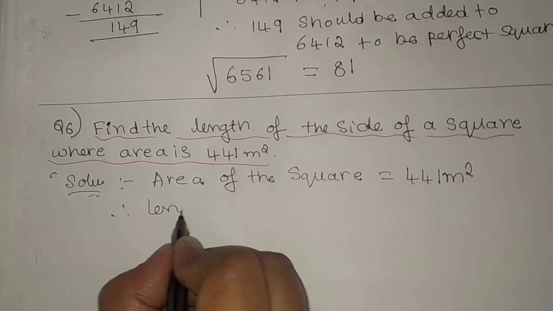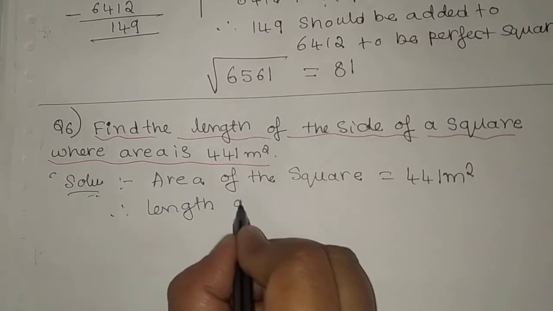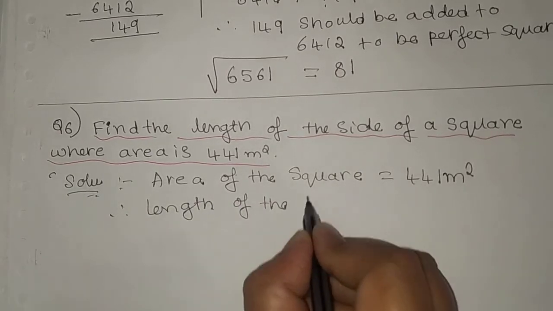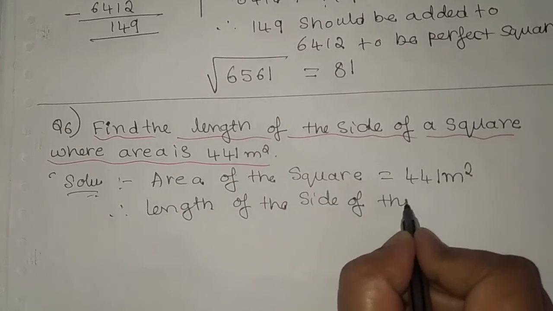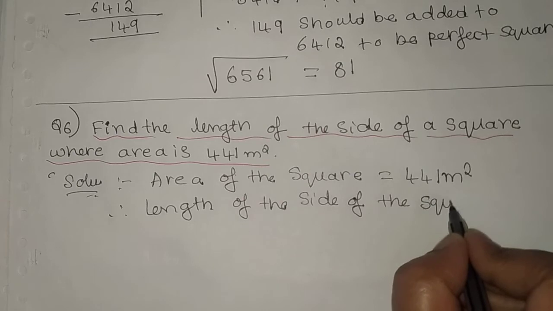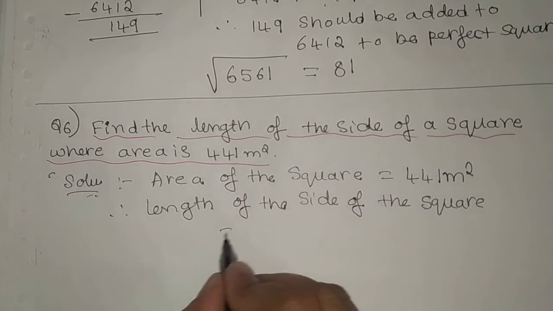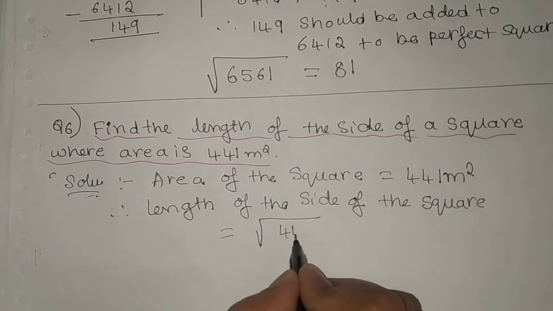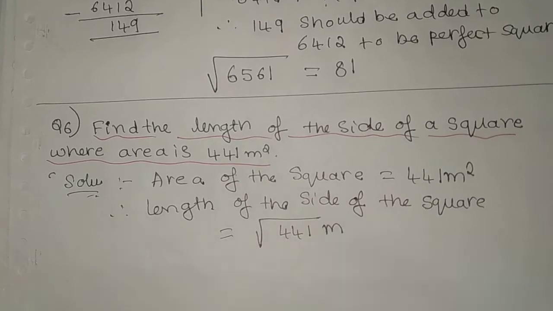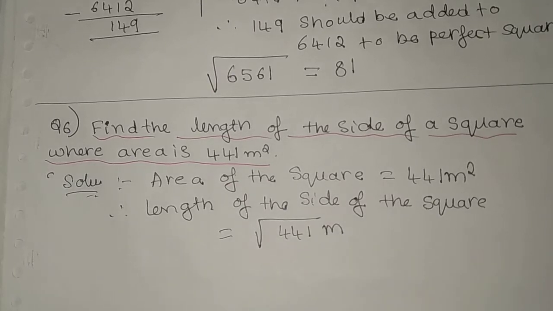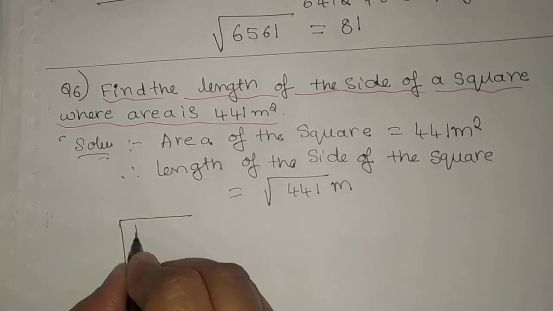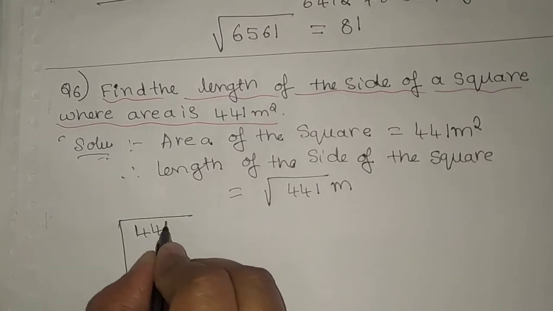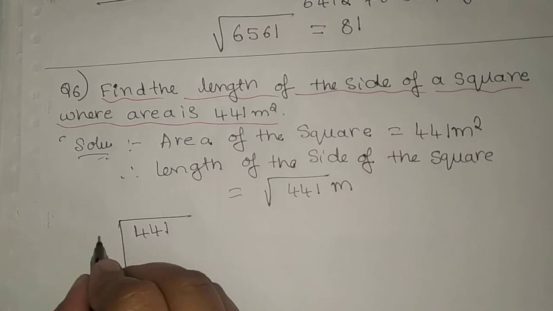Therefore the length of the side of the square is equal to the square root of 441 m. So we take 441 and start finding the square root.